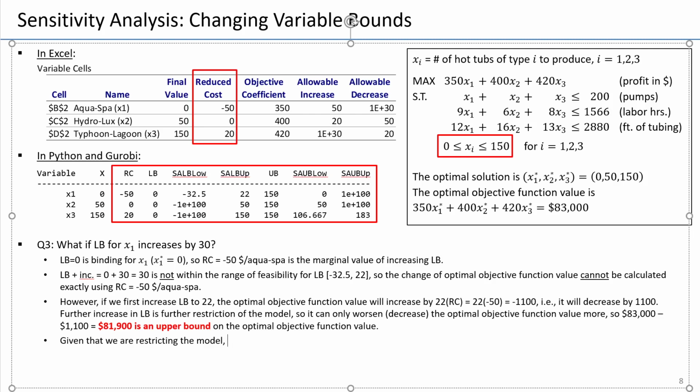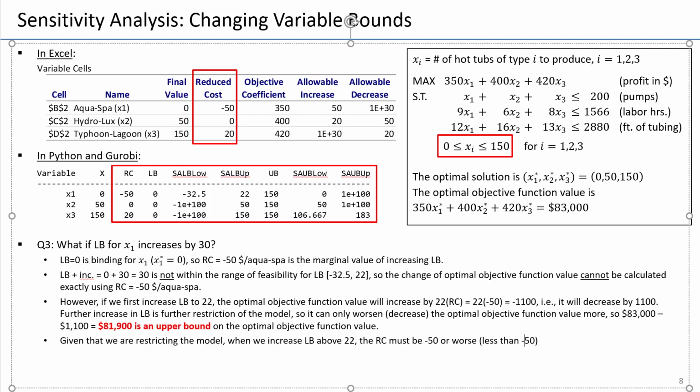Well, for every additional unit of this lower bound, this increase in the minimum requirement of product 1, the reduced cost is first minus 50, then it cannot get better, it can only get worse. So when we increase the lower bound above 22, the reduced cost must be minus 50 or worse, so that means even less than minus 50.